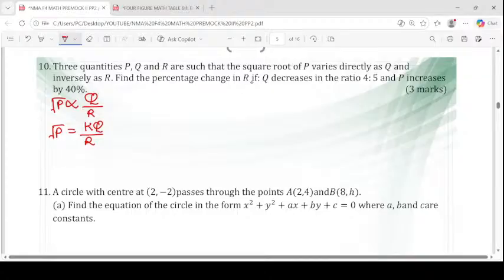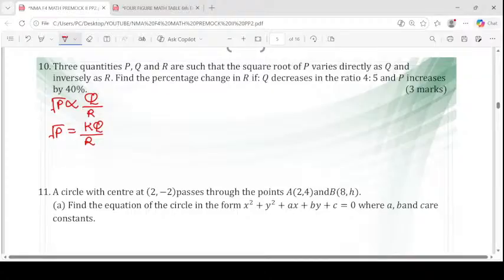Find the percentage change in R if Q decreases in the ratio 4:5. I want us to be very genuine and honest with this type of question, because it has something that it is trying to test. But I hope that my followers are going to give me a listening ear in this.